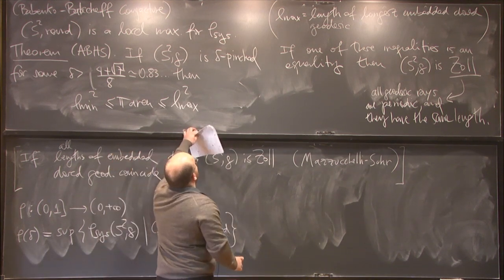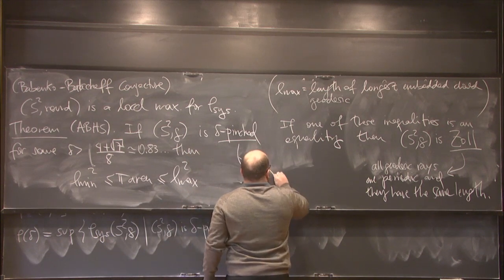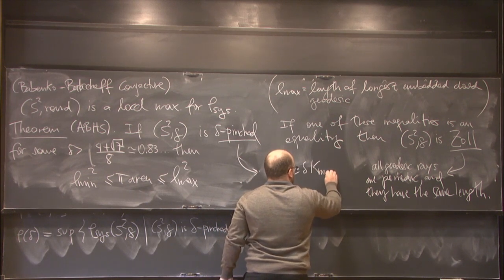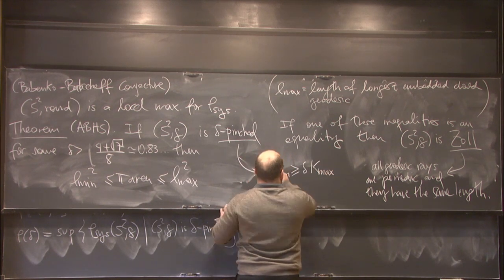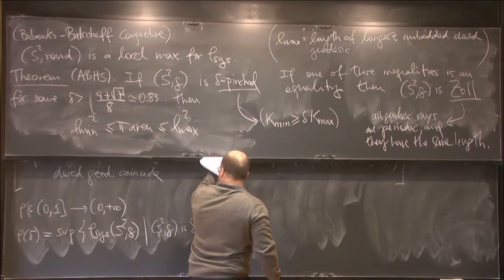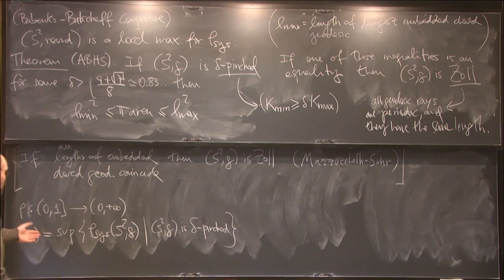Maybe I should say that delta pinched means that the minimum of the Gaussian curvature is at least equal to delta times the maximum of the Gaussian curvature. That's what it means to be delta pinched. And then the question is, plot the graph of this function.